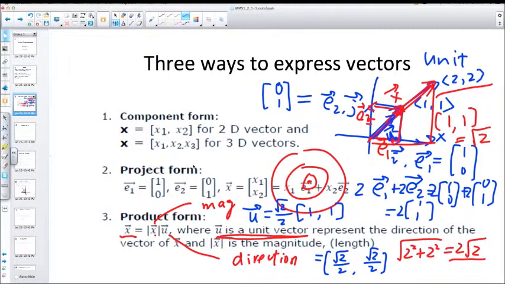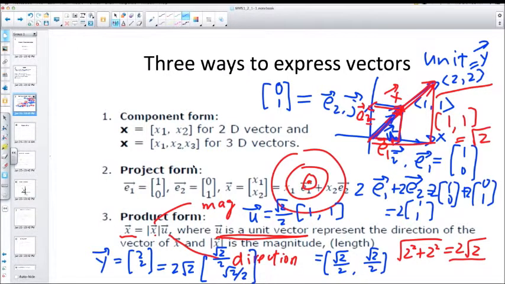So what am I going to do now? Let me call this vector y. So y equals, let me write it into the column, 2 square root of 2 times this unit vector. A little bit strange. You say, why do I want to make it so complicated?